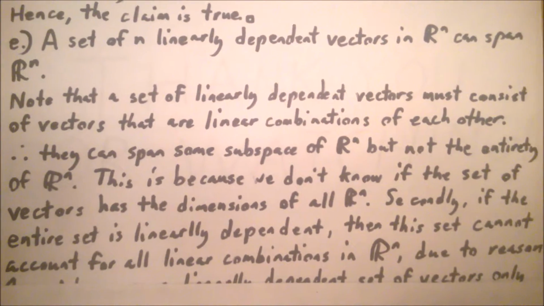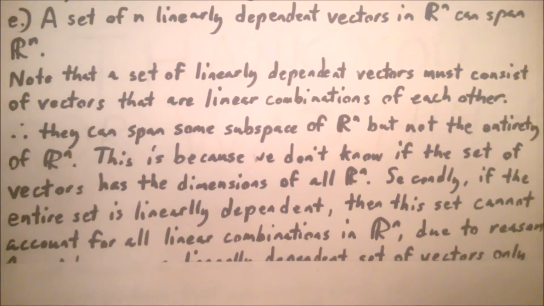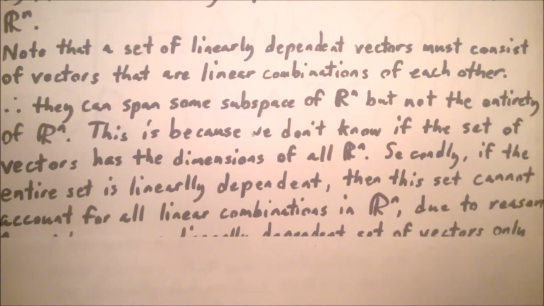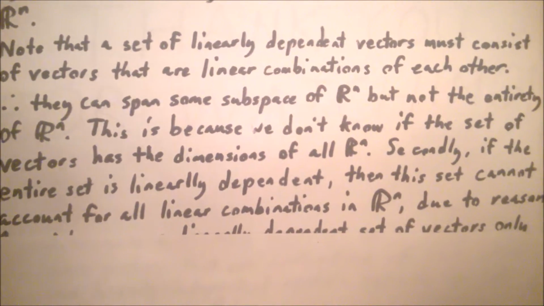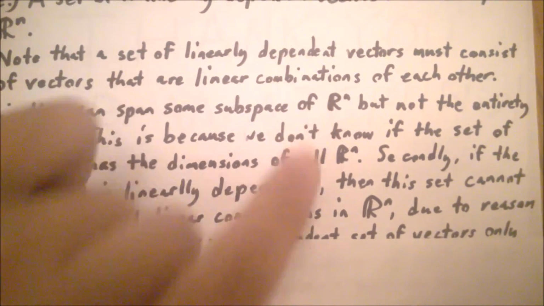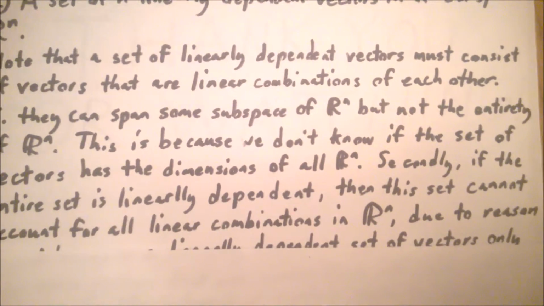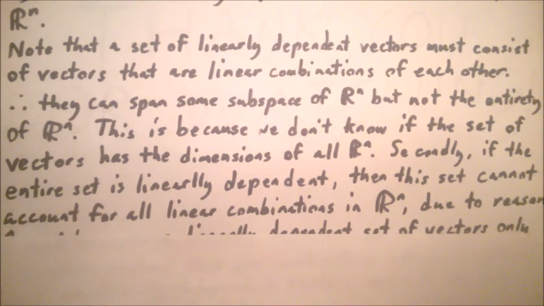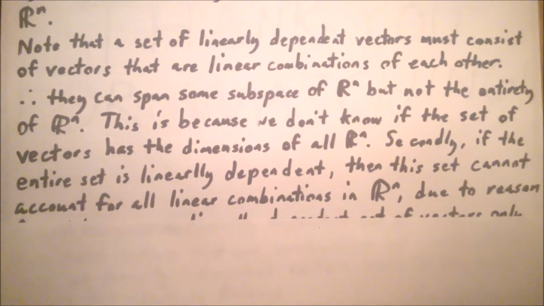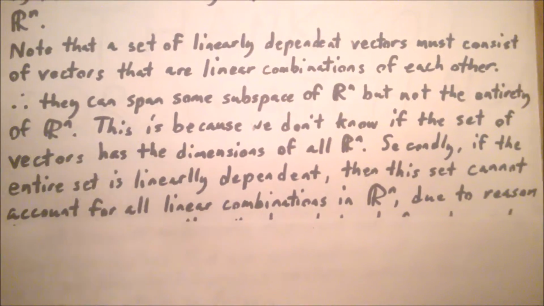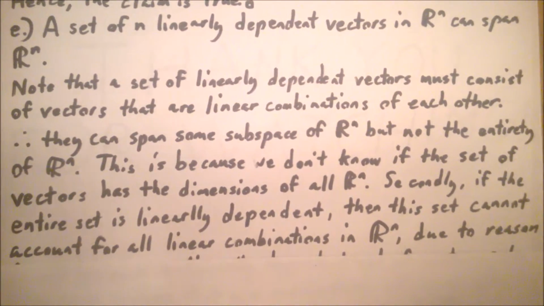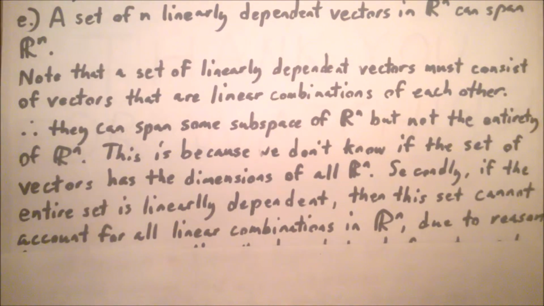Therefore, they can span some sort of space that is encompassed by the vectors within that set, but we don't actually know if those vectors can span all dimensions, for example, of Rn. We also don't know if that set contains all of the linear combinations that can be contained in the space of Rn. And the reason for that is because it is linearly dependent, meaning that these vectors are only written as linear combinations of each other.